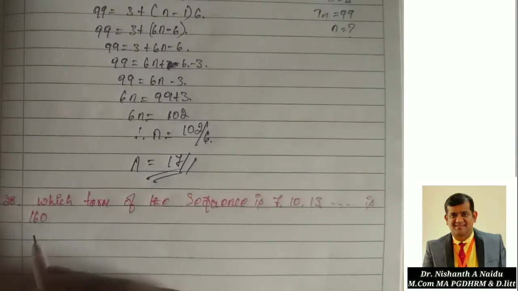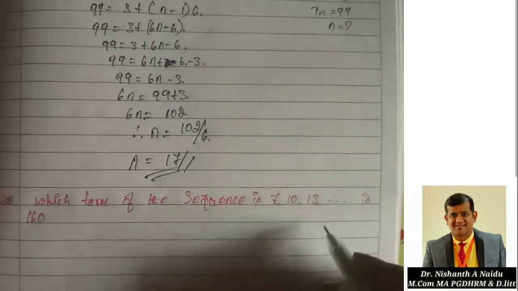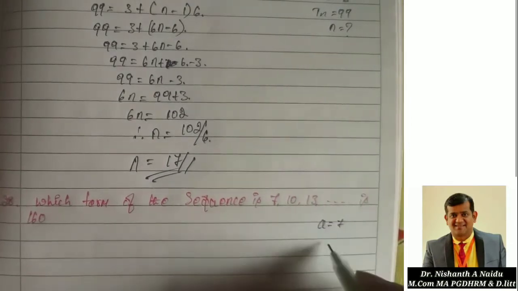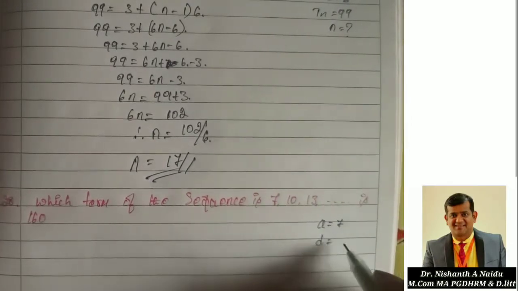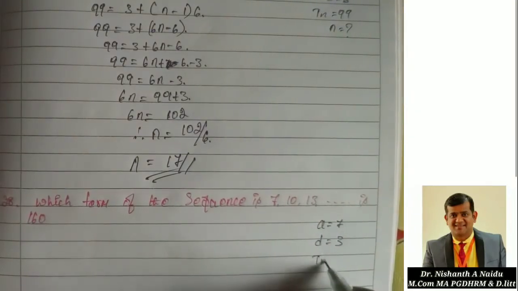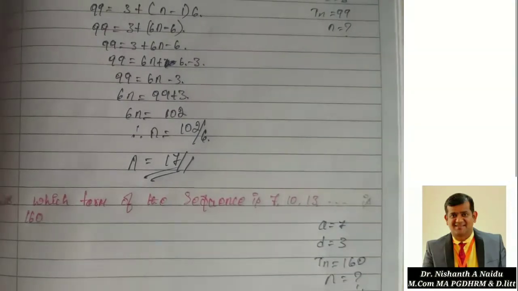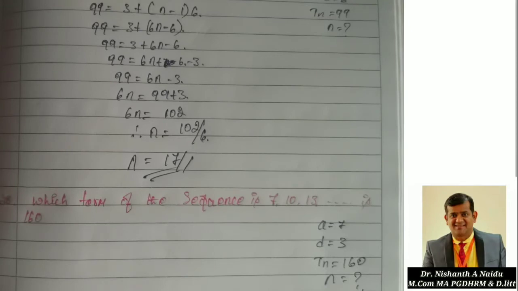Here he has given A equals 7 and D equals 3, which we know, and Tn equals 160, and n equals question mark. He has not given the n value, so we have to solve it the same way.